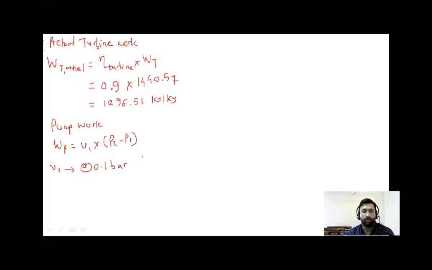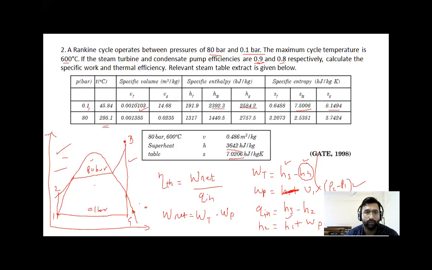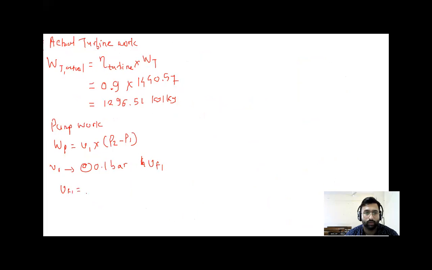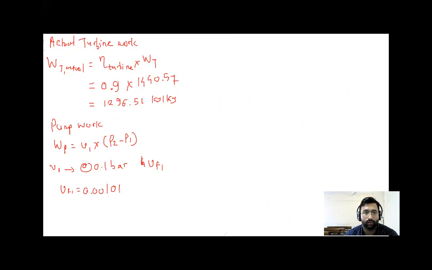You have to search for VF1. So what is VF1? At 0.1 bar, VF1 is given, that is 0.0010103. Right?